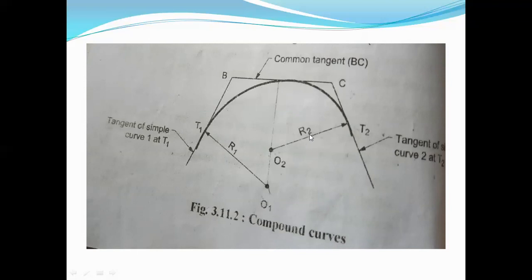It is the radius of the first curve, that is R1, and the tangent of the first simple curve is T1. Then the tangent of the second simple curve is T2 and the radius of the second simple curve is R2. This simple curve 1 and simple curve 2 are joined to each other and form the compound curve. Hope you all get this compound curve.